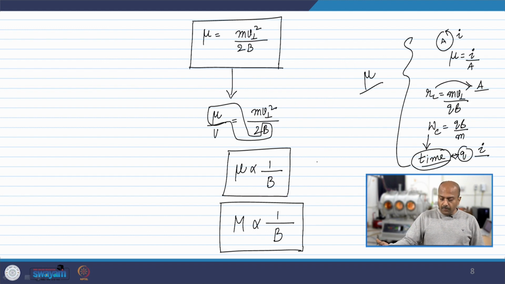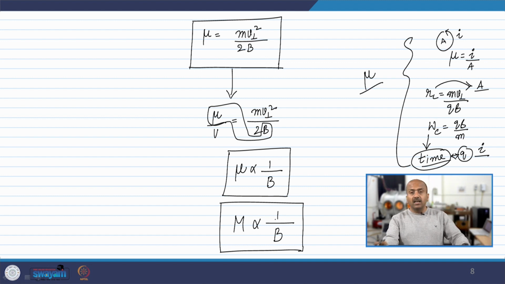But what you see here is that, since B is equal to mu H, M is proportional to 1 by H. So that means that this proportionality is no longer valid; in plasma the magnetization is not directly proportional to the applied field strength, right.